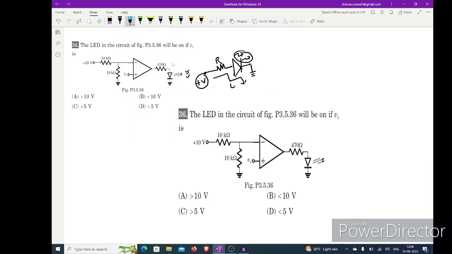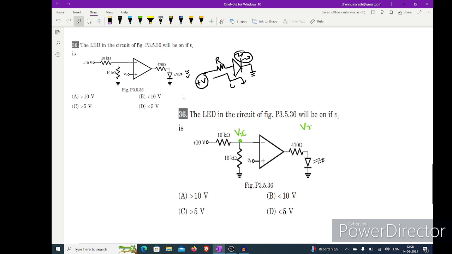So here we want Vi. When Vi is greater than this voltage, this value, assume it is some Vx.